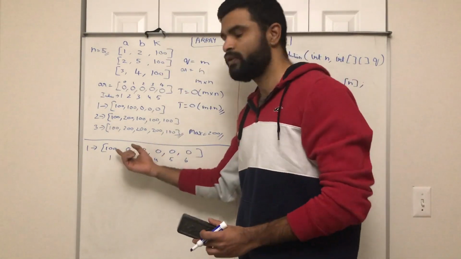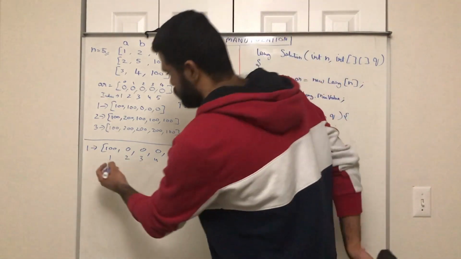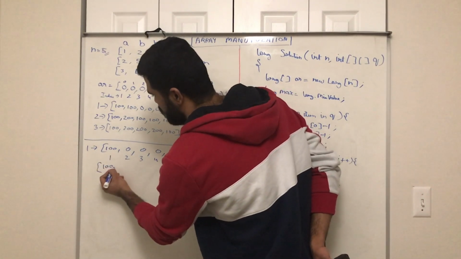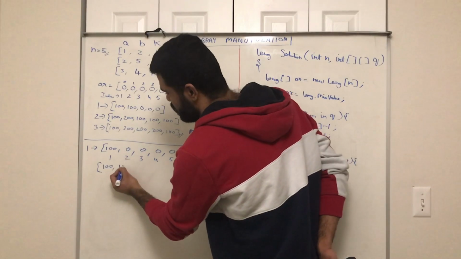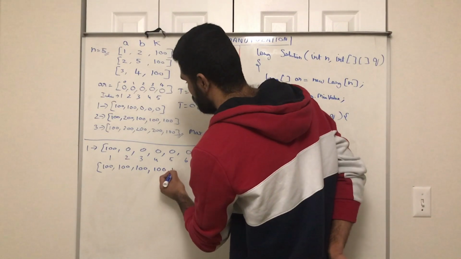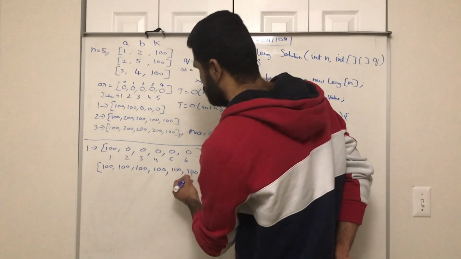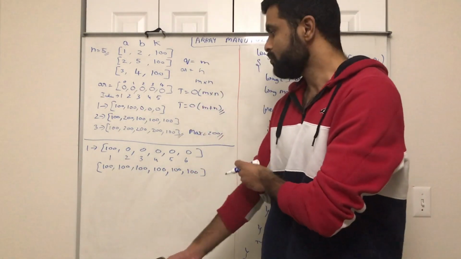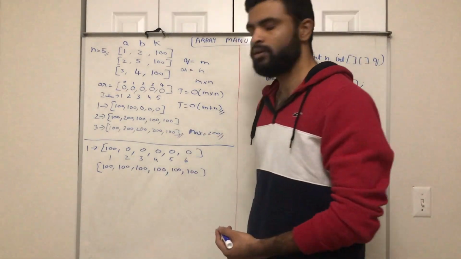And then after, if you perform a prefix sum array for this array, let's see how it will look. So I'll be performing a prefix sum array. So the first element will be 100, and then after the second element will be 100, and third will be 100, fourth will be 100, fifth will be 100, sixth will be 100. So after performing the prefix sum algorithm, I got the resulted array as hundreds in all the places.